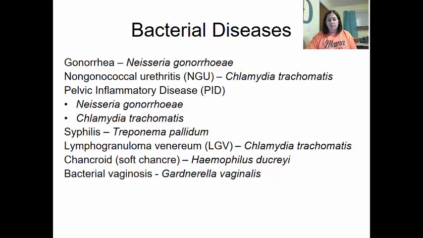We also see syphilis, which is caused by Treponema pallidum. We also see that we can have Lymphogranuloma venereum, or LGV, caused by Chlamydia trachomatis. We also see that we can have chancroid, or soft canker. This is caused by Haemophilus ducreyi, and then also bacterial vaginosis.